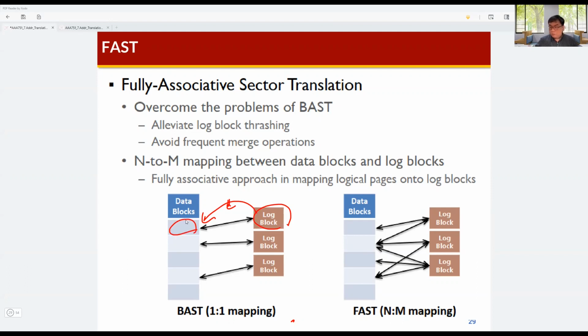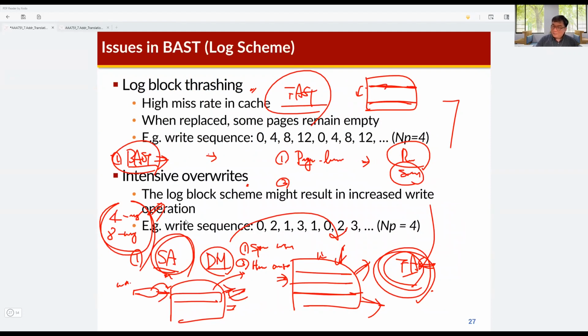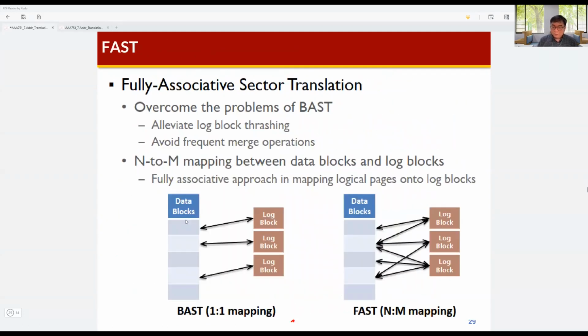I also explained the scenarios that cause low utilization of the log block. If there are repeated writes to certain pages, then we need to replace the log blocks. So in order to avoid this case, like the cache ideas, we can apply fully associative mapping to log blocks. And that's why this is called the FAST.